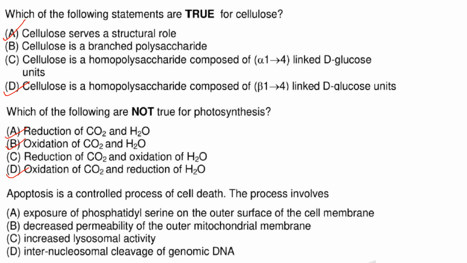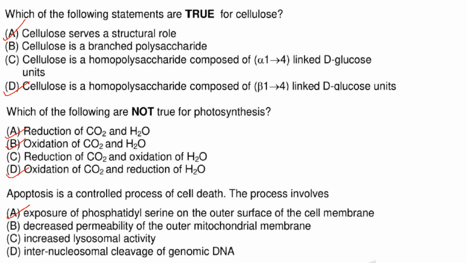Then next one. Apoptosis is controlled process of cell death. Yes, it is programmed cell death. The process involves exposure to phosphatidyl serine on the outer surface of the cell membrane. Yes, that happens during apoptosis. Decreased permeability of the outer mitochondrial membrane.